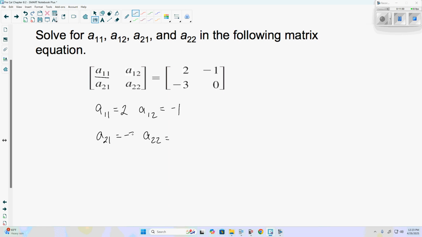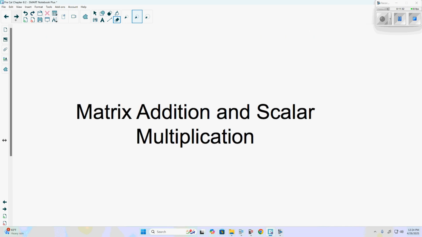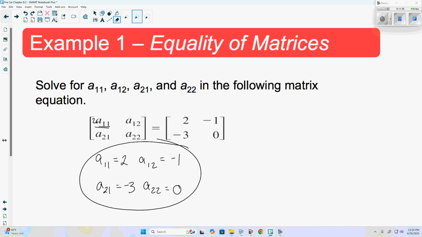A21. Because if they're equal, their corresponding elements have to be equal. Even if we had numbers in front of it, 2 times A21, well, that means 2 times whatever this is should be this value. Just filling them in, setting them up, because 2 times A11 should be 2. And for this here, A11 would be 1. But that's really it. Set them equal and solve it.